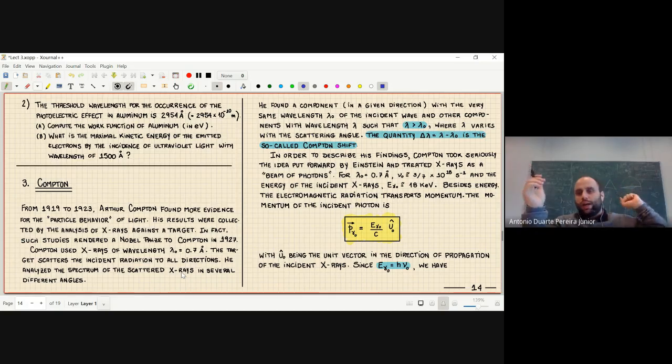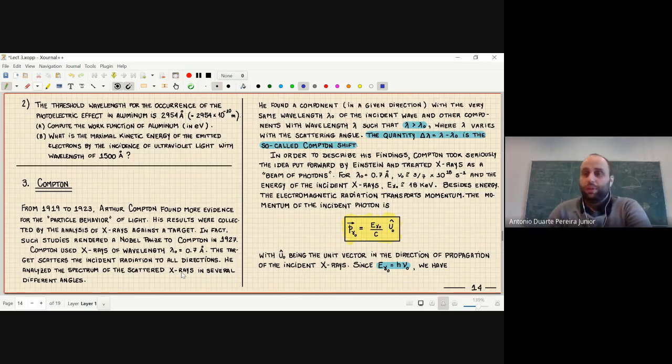Okay, so I throw some X-ray with a given wavelength. It hits a target, and after hitting the target, it is scattered. And now I'm just going to measure what is the wavelength of the scattered X-ray.